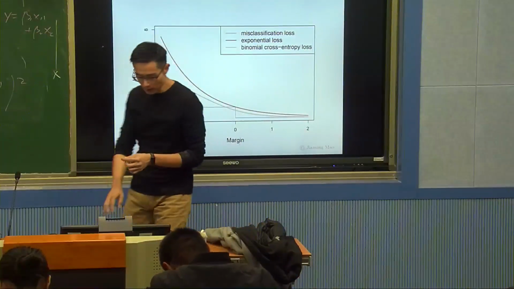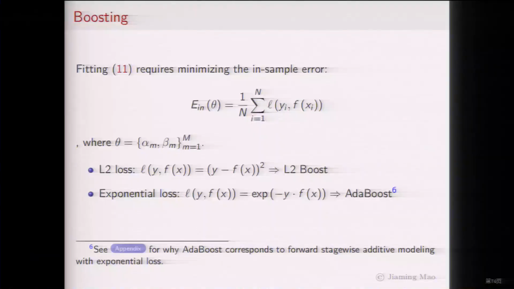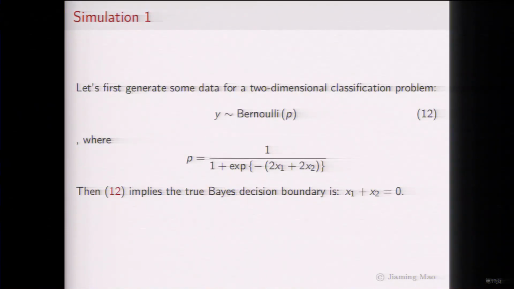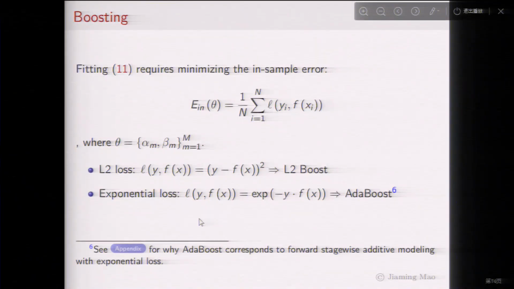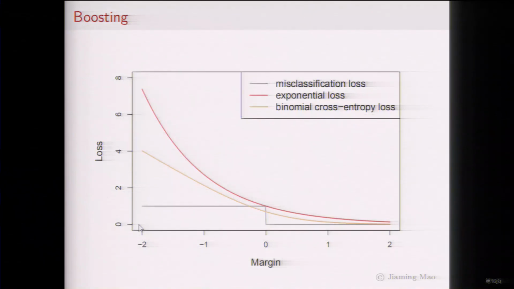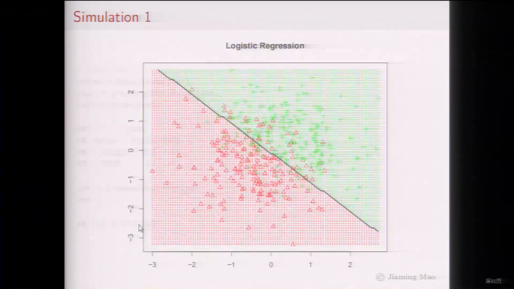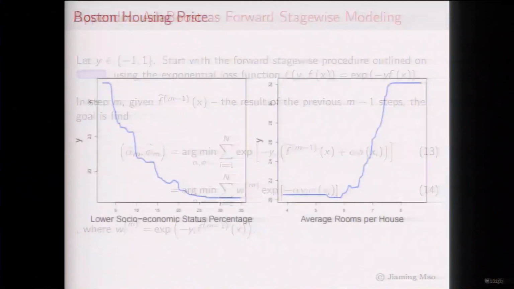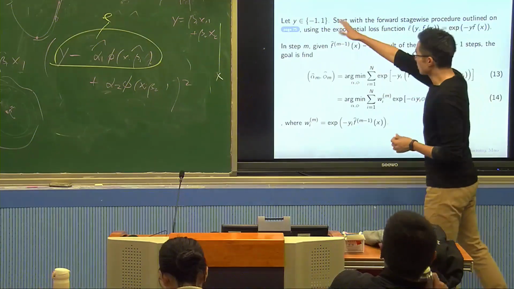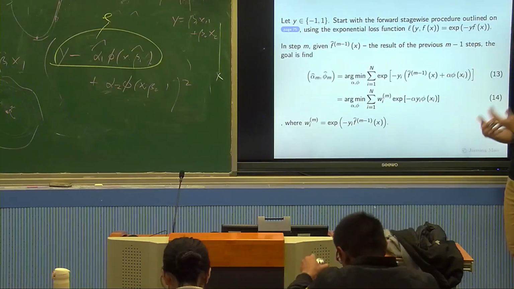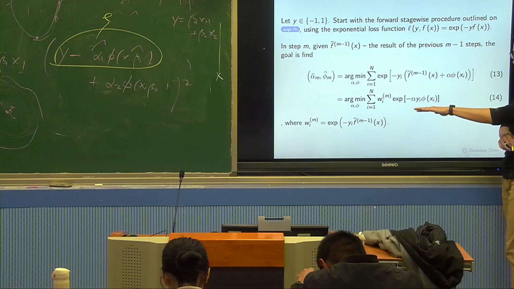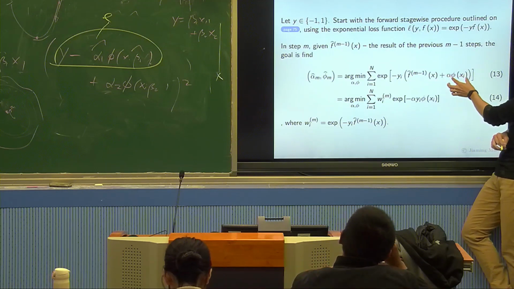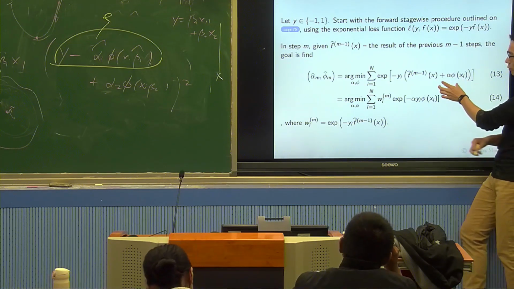Now, it turns out that if we use the exponential loss function in AdaBoost, then we can solve it. Where is the solution? The solution is here. Let's click it. Oh no, the slides are malfunctioning. I need to correct it, but here it is. So if y is plus 1 or minus 1, then in every stage, you take the f from the previous stage plus alpha times phi, and what you're doing is minimizing this loss function.